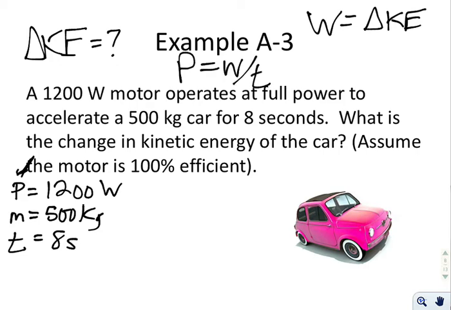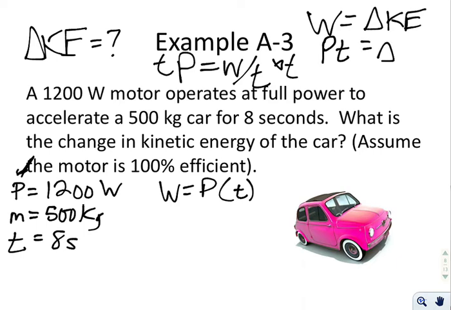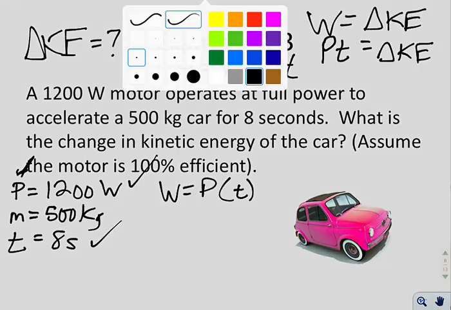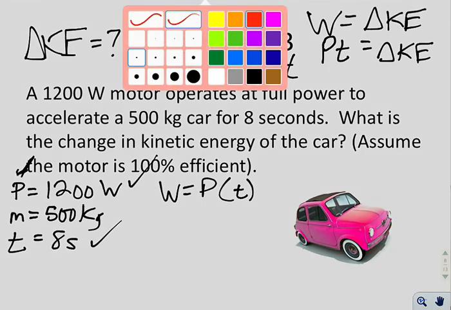I can rearrange it by multiplying both sides by t, and when I do that, I get work equals power times time. I can substitute that in here and say power times time is equal to the change in kinetic energy. I have power and I have time, so I can substitute those in.